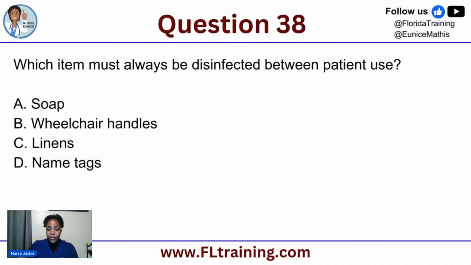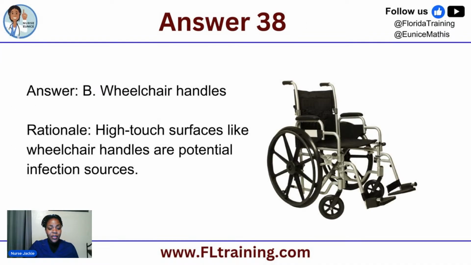All right, here we go in 3, 2, and 1. The correct answer is B, wheelchair handles. High touch surfaces like wheelchair handles are potential infection sources. CNAs don't wash linens, that's right. We have housekeeping. You guys are already going to be busy. You're going to be doing your best, but we also allow our other departments to help us.